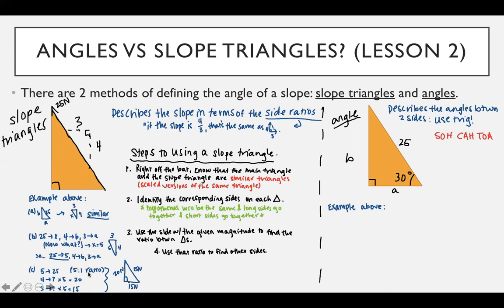Like I wrote down here, it's a 5 to 1 ratio. So 5 times 5 is 25. We knew that from here. But 4 times 5 is 20, which means the vertical side is going to be 20 newtons. And 3 times 5 is 15, which means the horizontal side at the bottom is going to be 15 newtons.